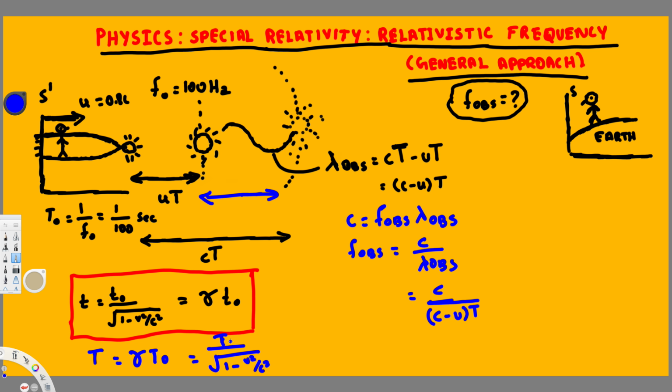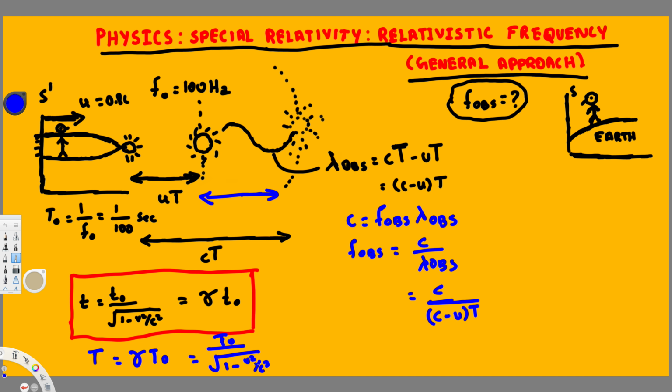So this is just t naught over this value, right? Now this is our relation for period. t naught is the period observed by the person on the spaceship, right? And we know the frequency observed by the person on the spaceship is 100 hertz. So we can calculate the period observed by the person on the spaceship, that is 1 over 100 second, right?